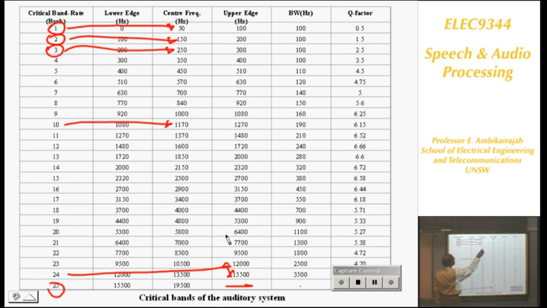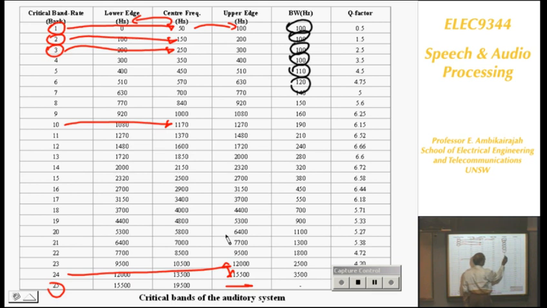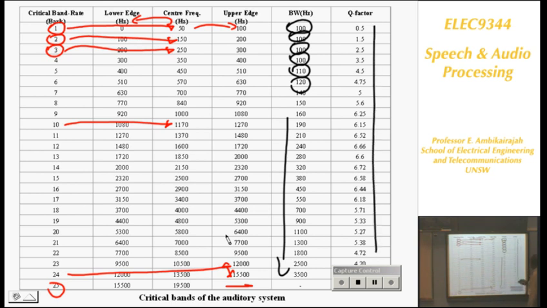If that's the center frequency, this is your upper edge and this is your lower edge, and if you subtract them, you get your bandwidth. You can see equal bandwidth, so they're linear for some time, and then they start to change logarithmically. The Q value, the quality factor, changes as well. This is the table you really need to have if you're going to do audio coding or speech coding using transform coding techniques.